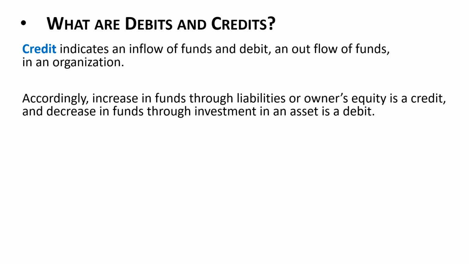increase in funds through liabilities. So when you buy some things on credit, or when you borrow, when you take a loan from your bank, they are both bringing you funds. So they would be considered a credit. Or even when owners give money, the contributed capital, the 3,200, it's a credit because funds are coming.